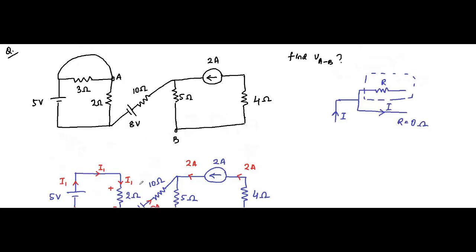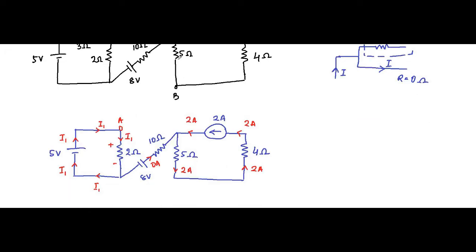So this is the point A, this is point B. Now we simply have to apply KVL in the left hand loop. So KVL equation 1 for the left hand closed loop: 5 minus 2I1 equals 0.